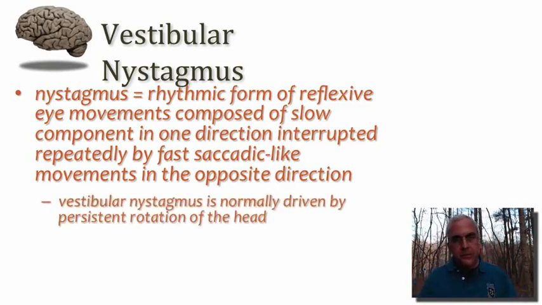Now, vestibular nystagmus is normally driven by persistent head rotation. If you were to spin someone around in a chair, you might want to try this with a willing volunteer, and then suddenly stop that person, what you might see is that their eyes are going to be in nystagmus. That's because for a few seconds, the endolymph is going to be deflecting the cupulas of the horizontal canals.